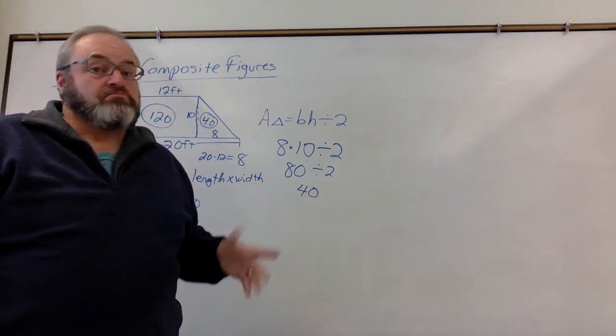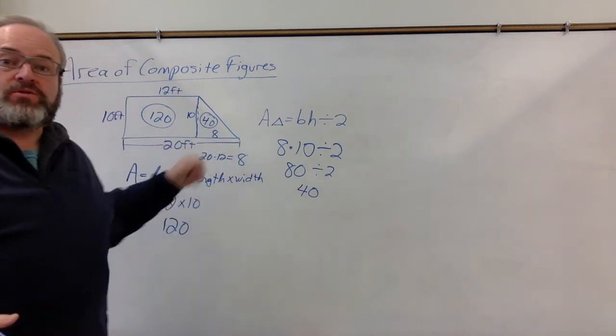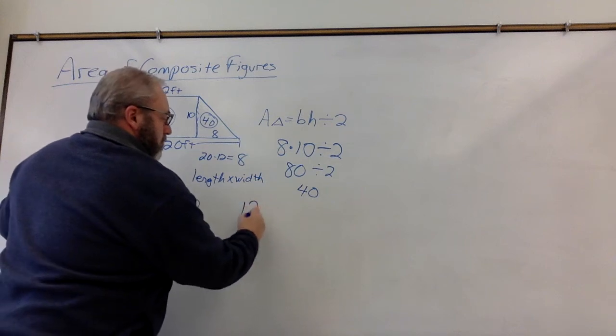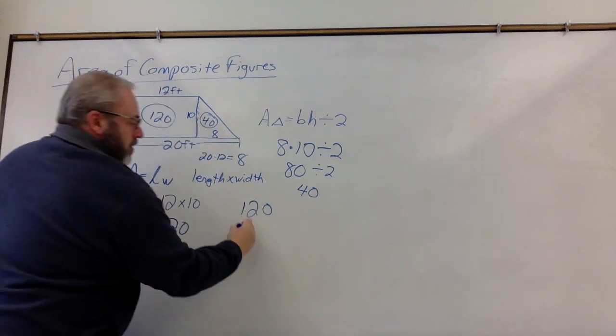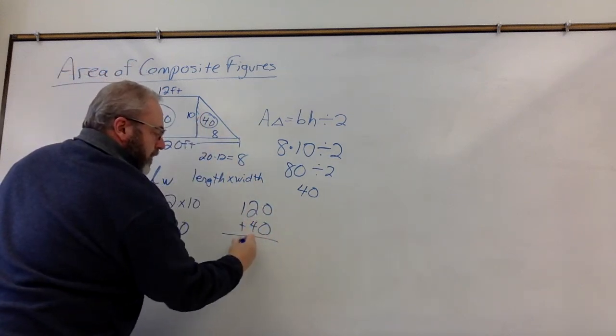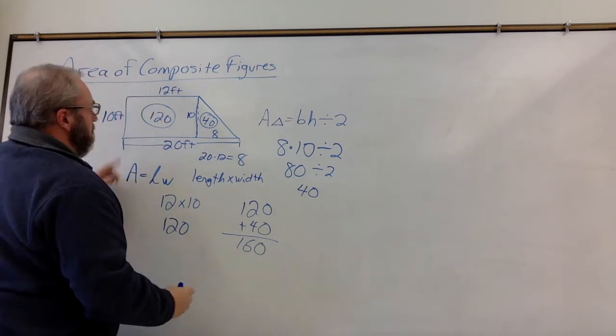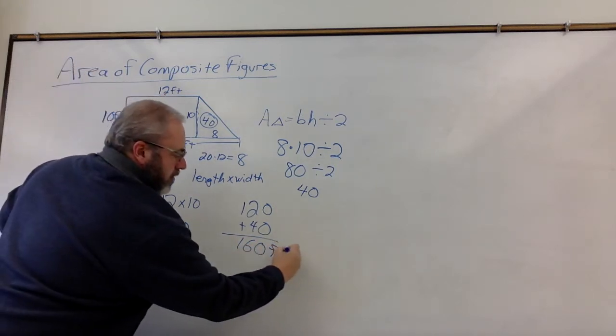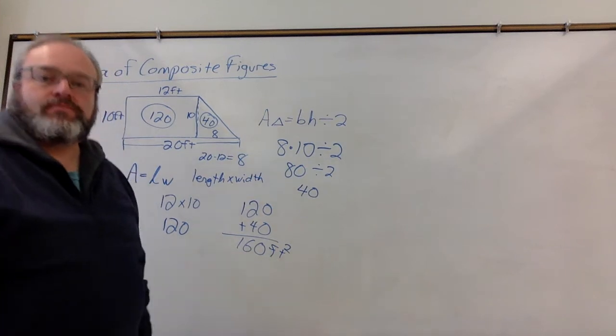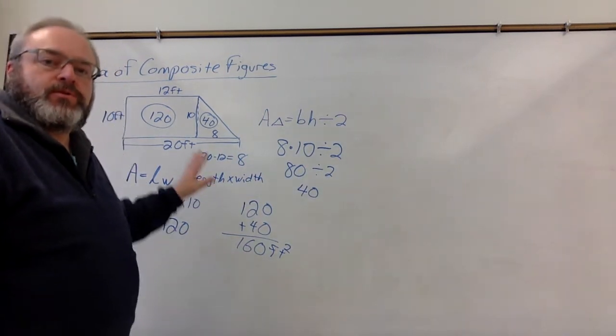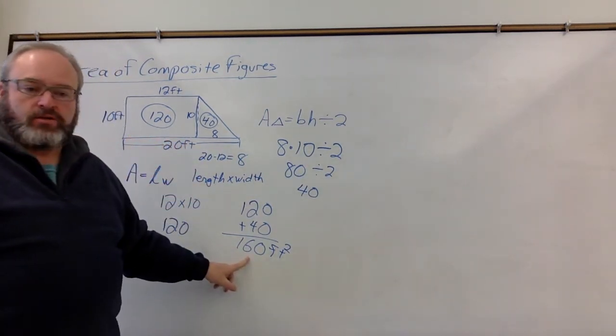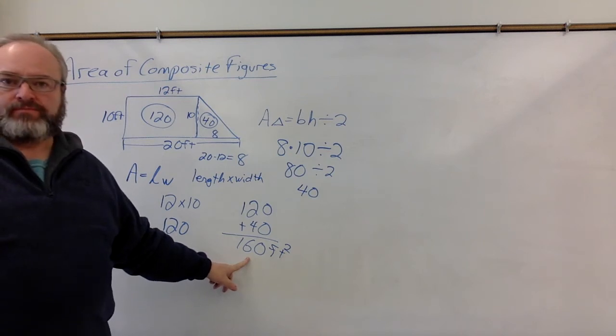Now to get the total, it's very simple. Just add your two numbers together. So 120 plus 40 is 160 square feet. So this particular composite figure is 160 square feet.